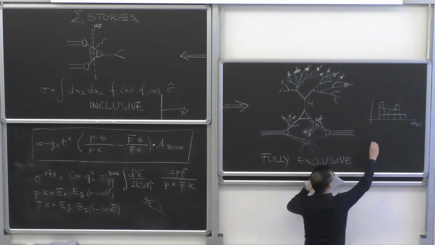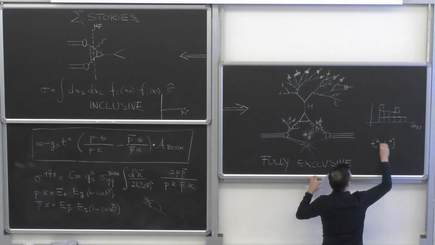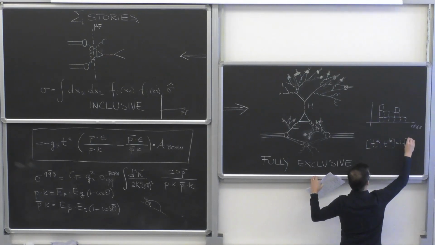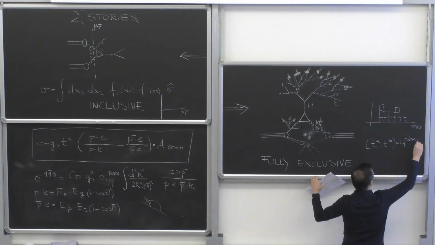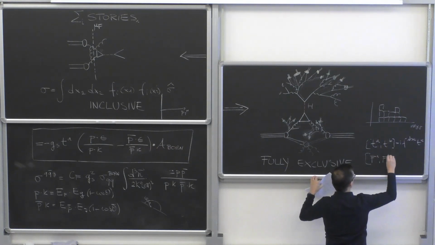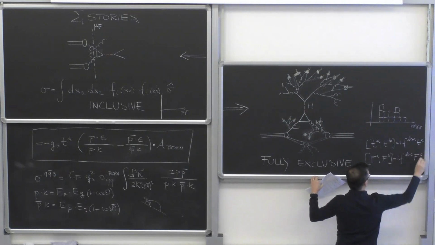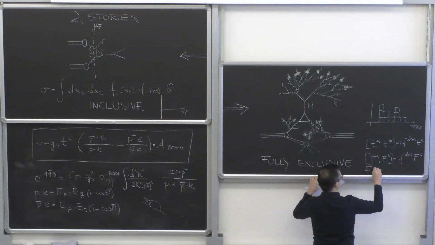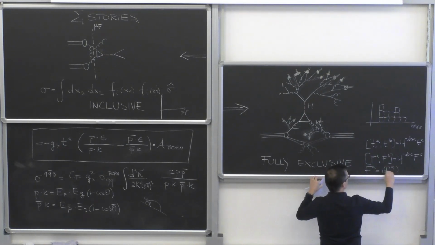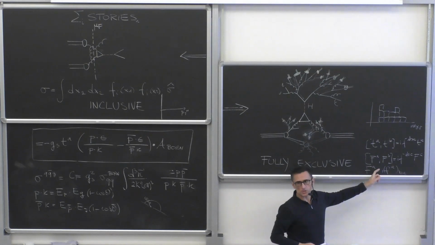I hope you remember, when we define SU(3), we define it in the fundamental, but you can also write it in the adjoint, where F^a is just i f^{abc}. So the matrices in the adjoint are actually the f.